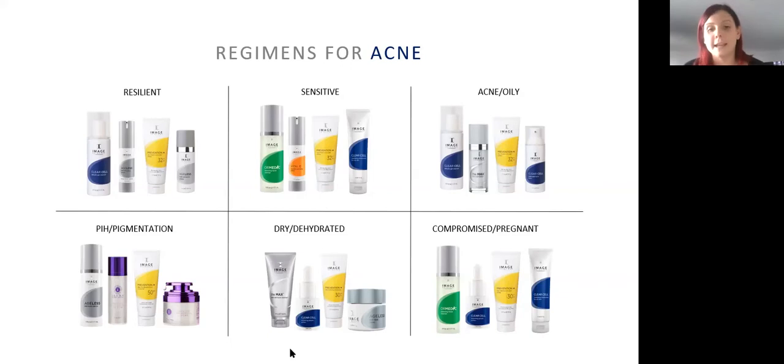Luma has your plant cell extraction as well, but it's got your lightening peptides and your photo-lightening ingredients in here. That will not only assist in reducing the inflammation in the skin, but it will also assist with that post-inflammatory hyperpigmentation that we may see with acne grades 3 and 4. So it's important to assess that and see whether we need to add that into a client's skincare routine.